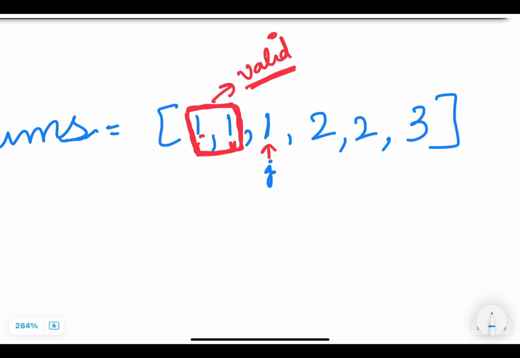Let's have one more pointer, say i. We will place i here. The i works the same as in the previous question.